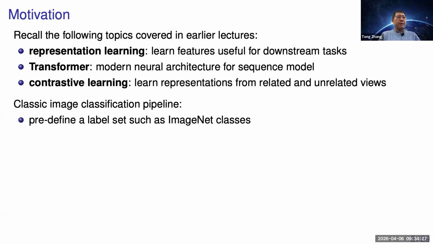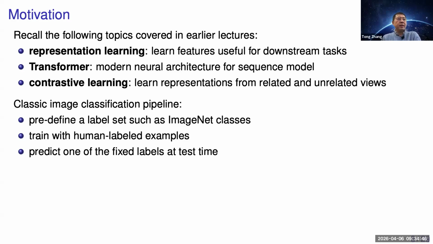The classical pipeline defines labels, such as ImageNet. This is the CNN era. You train with human-labeled examples, and after training, you predict on a fixed set of classes.